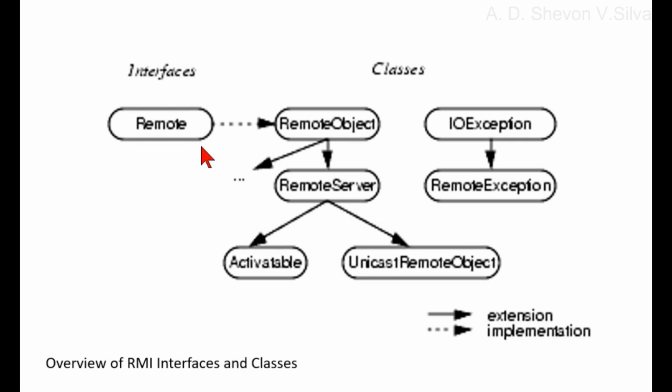A remote method declaration must include the exception java.rmi.RemoteException or one of its superclasses such as java.io.IOException or java.lang.Exception in its throws clause, in addition to any application specific exceptions. Note that application specific exceptions do not have to extend java.rmi.RemoteException.